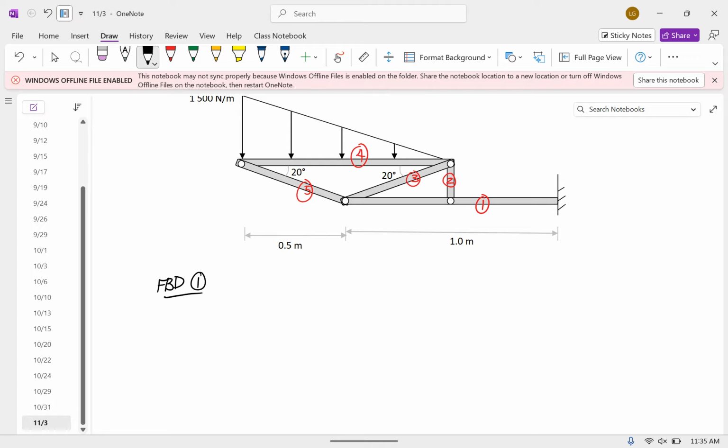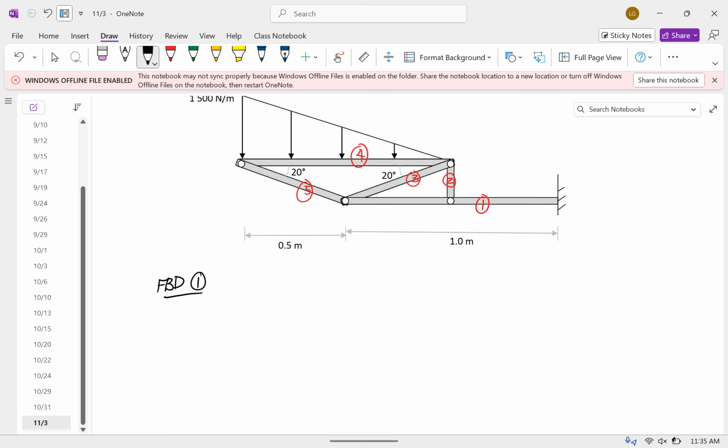Which means 3 and 4 are each touching 2, but 3 and 4 aren't touching each other, okay? That's the key thing. So when I do a free body diagram of member 2, up here, there's going to be an F2-3 and an F2-4. But when I do a free body diagram of 3, there's only going to be a negative F2-3. There's not going to be an F3-4.